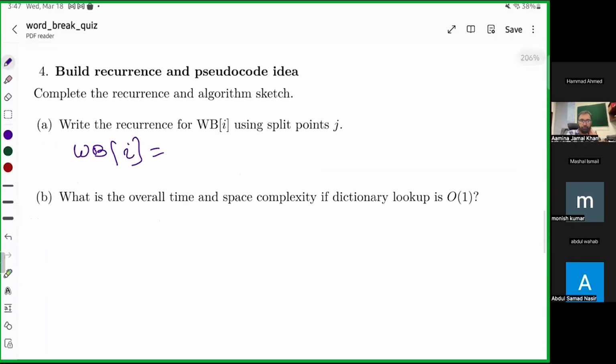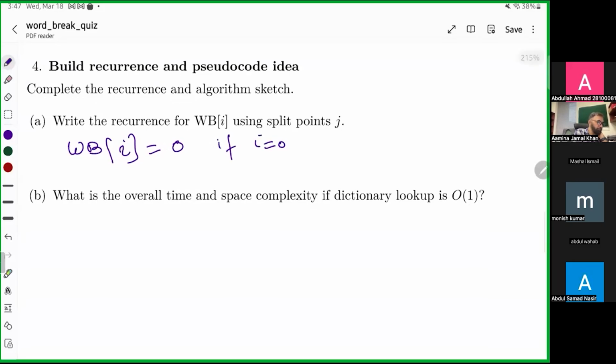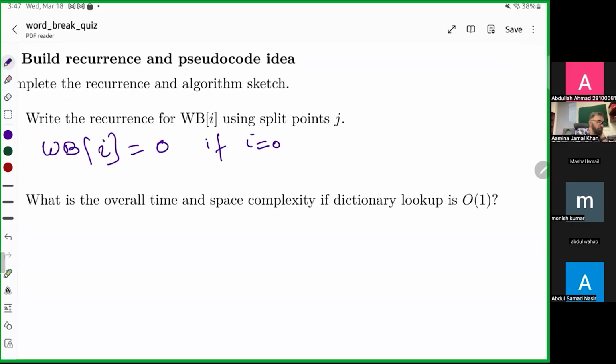Any hints? Any ideas? How do we do it? Then the base case: WB of 0 is true. So let's start with the base case. WB of i is 0 if i is equal to 0. Instead of 0, here I'd say 0 or false. Oh, sorry. WB of i is true whenever... sorry, you're right, I'm missing this here.